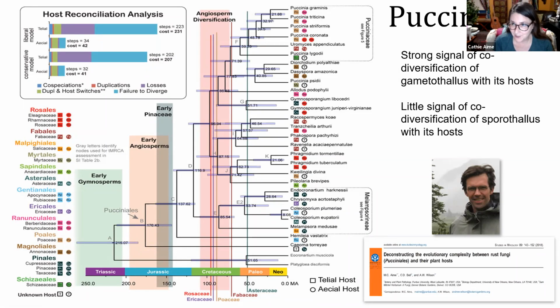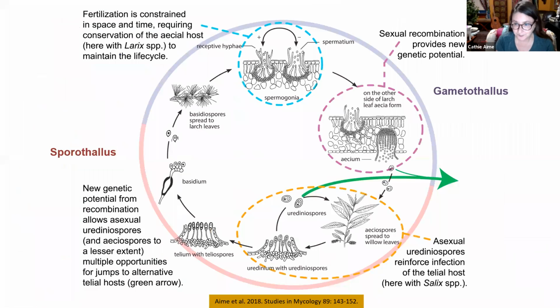Okay, so what does that mean? Which hypothesis is correct? And here's the working model now. It's that both are correct, but they're acting on different parts of the life cycle. So in the gametophytic host, we see very strong evidence for biological specialization, or what we call coevolution.